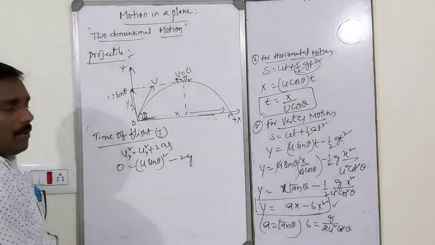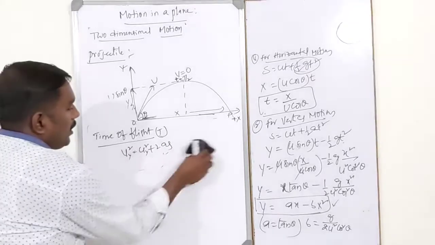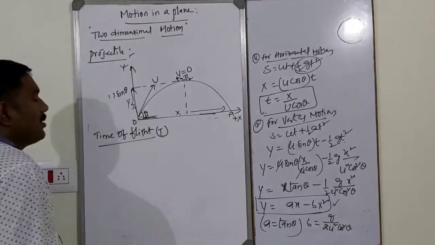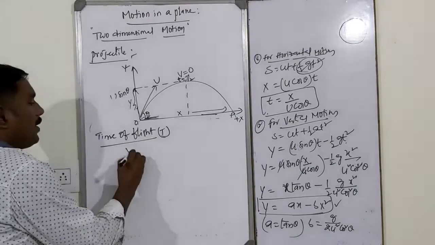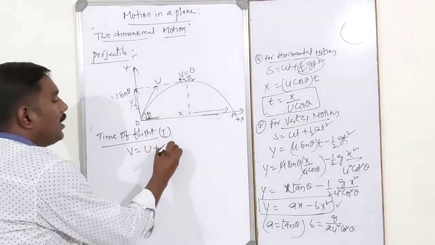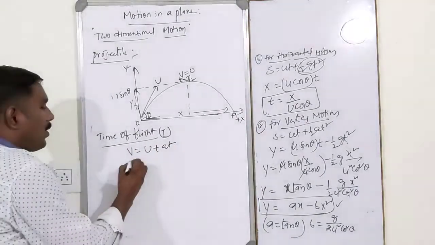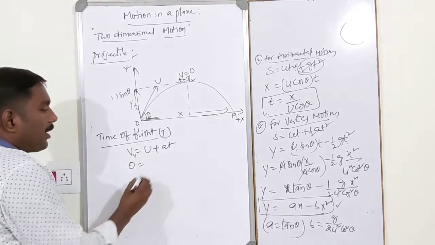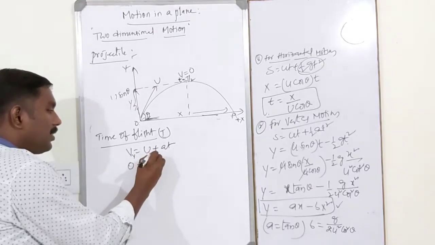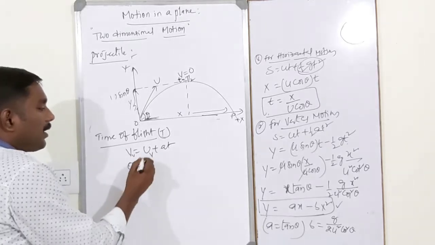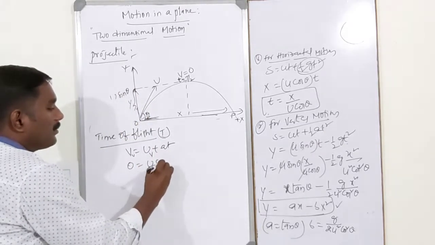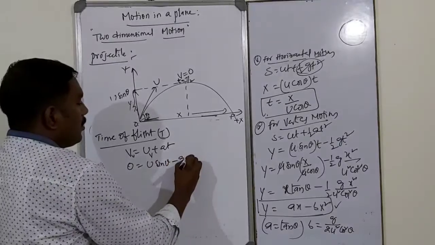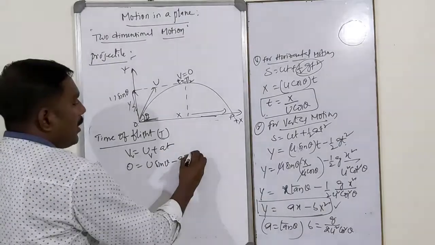So I will take another equation, v is equal to u plus at. The final vertical velocity is 0, and the initial vertical velocity is u sin theta. a is equal to minus g, and t is T by 2.